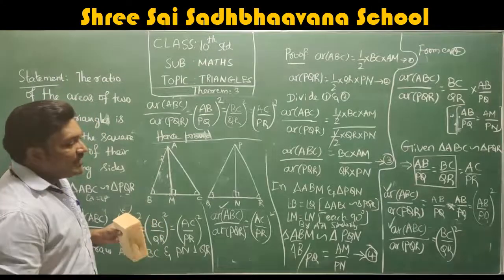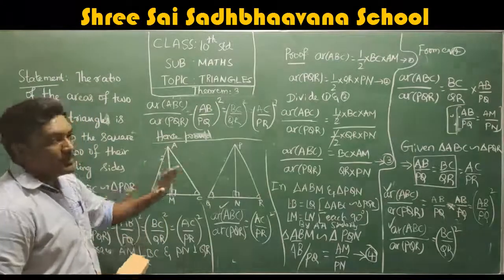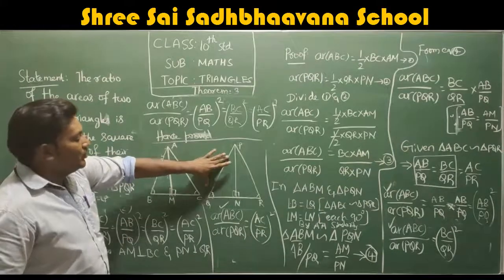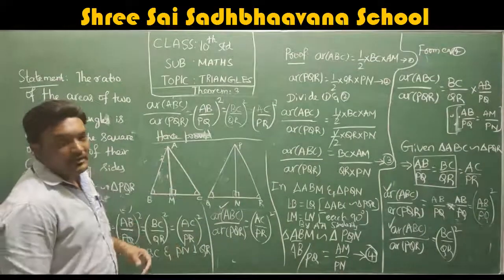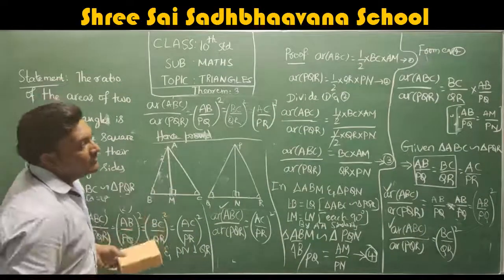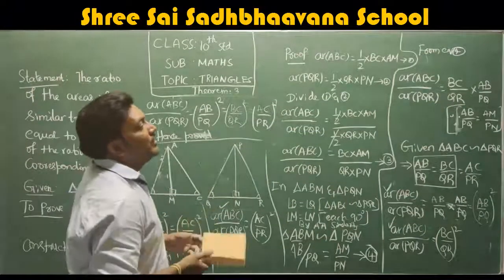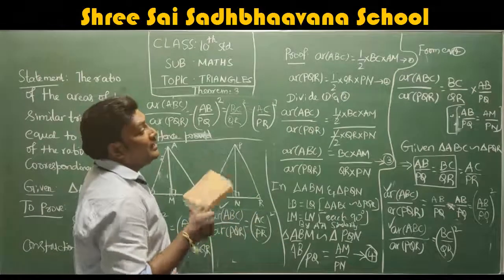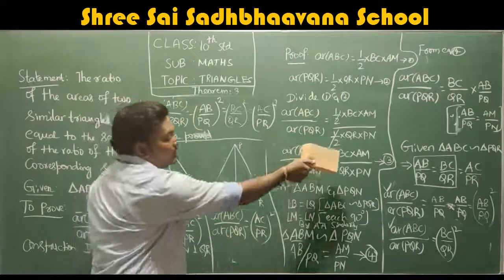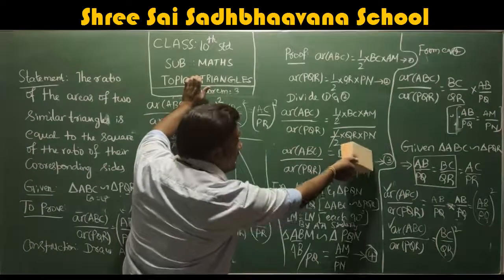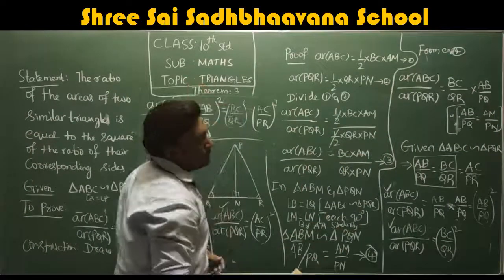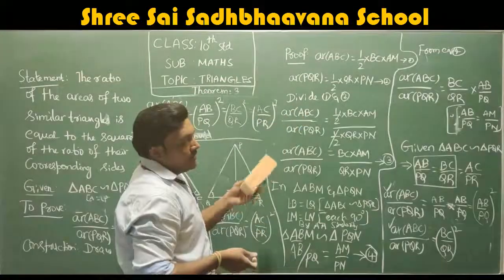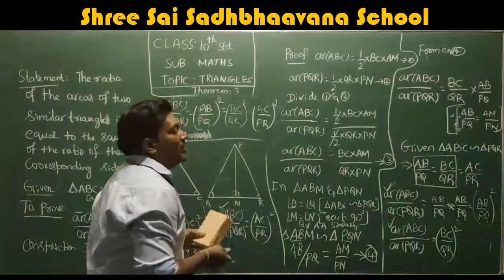When they are similar, corresponding sides should be proportional. It means AB by PQ is equal to AM by PN. You take that as equation 4. From equation 4, area of triangle ABC by area of triangle PQR is equal to BC by QR times AM by PN. In the place of AM by PN, I can write AB by PQ, because AB by PQ is equal to AM by PN.